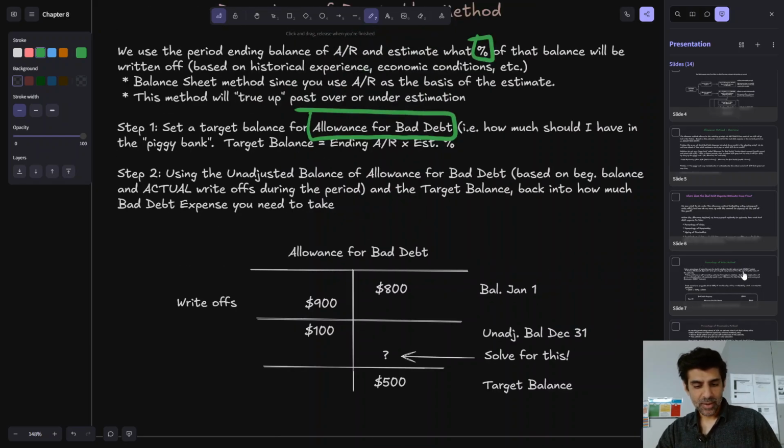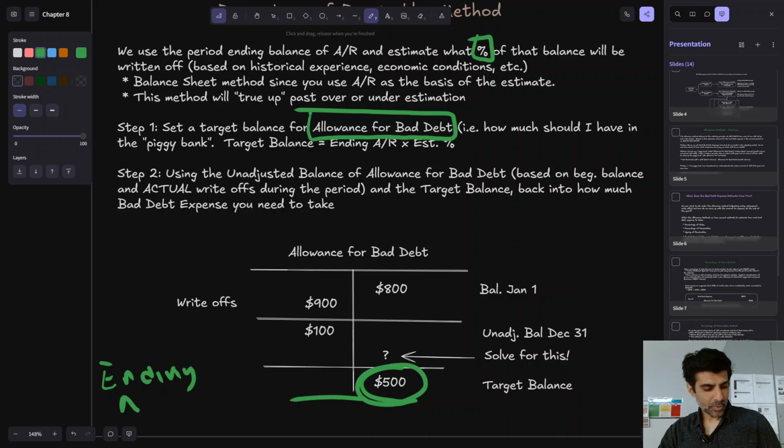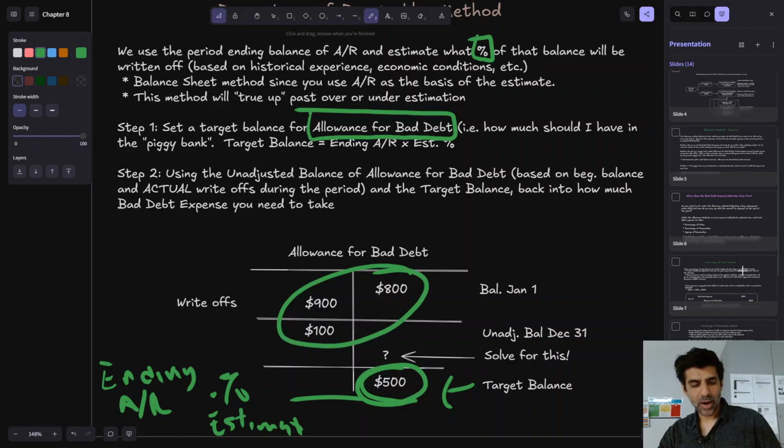Again, we're going to start with figuring out what this target balance should be, and this is going to be your ending AR balance times some percent estimate. So we start with the target balance, we see what happened in the past, what our unadjusted balance is, and then we figure out what this amount should be.